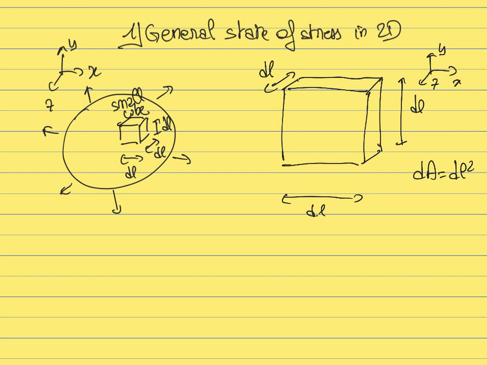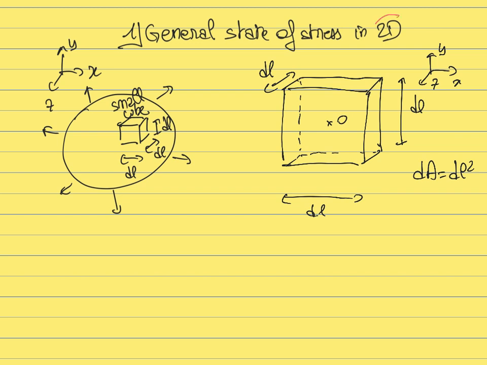So dl times dl is the surface of each side of this cube. So let's define the point O that is at the center of this cube. So now let's see what are the potential forces that can be applied to this cube along each of its surfaces. Along each of the 6 surfaces of this cube, you can potentially have some forces.